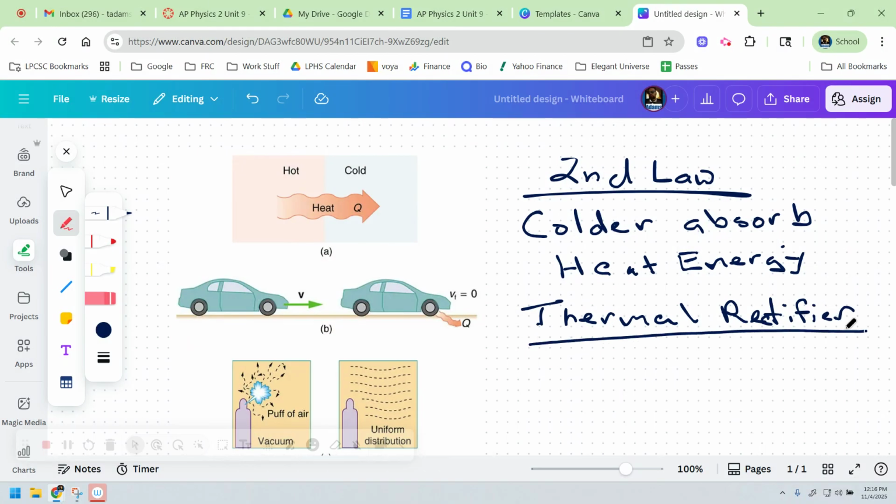And so basically what happens is it goes from a higher energy state to a lower energy state. Then we'll change the pen color, which is not fun.